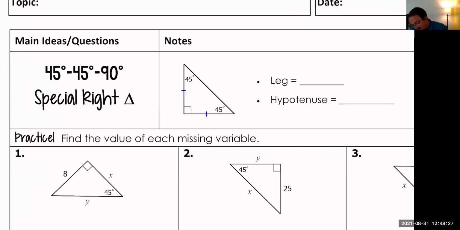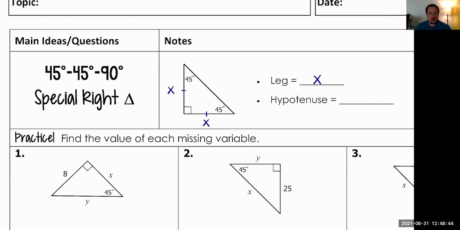is that the leg, we're going to use a variable to represent it because we're not always going to know what that leg measurement is. So I'm going to use X to represent my leg. So in my diagram, I'll put a little X here on both legs since the 2 legs are congruent.